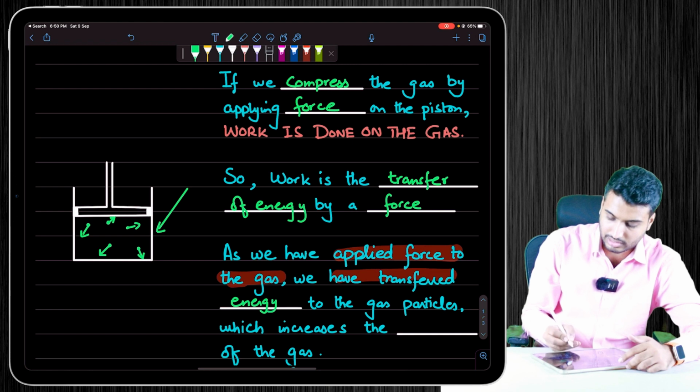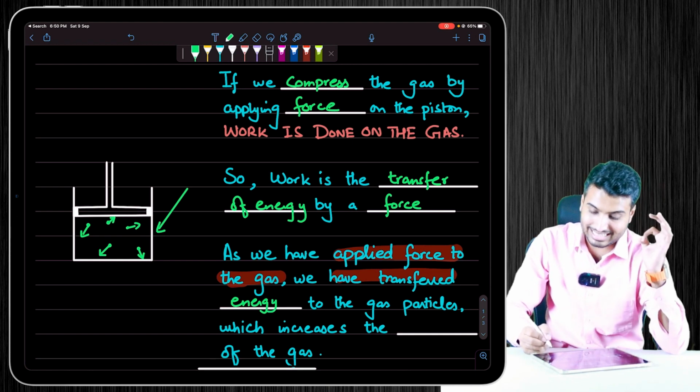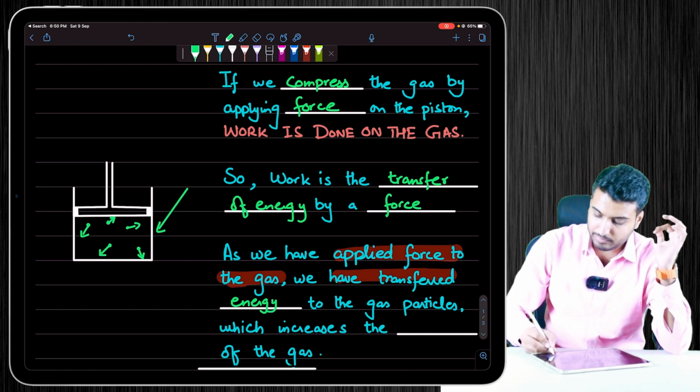Energy to the gas particles, which increases the temperature of the gas.